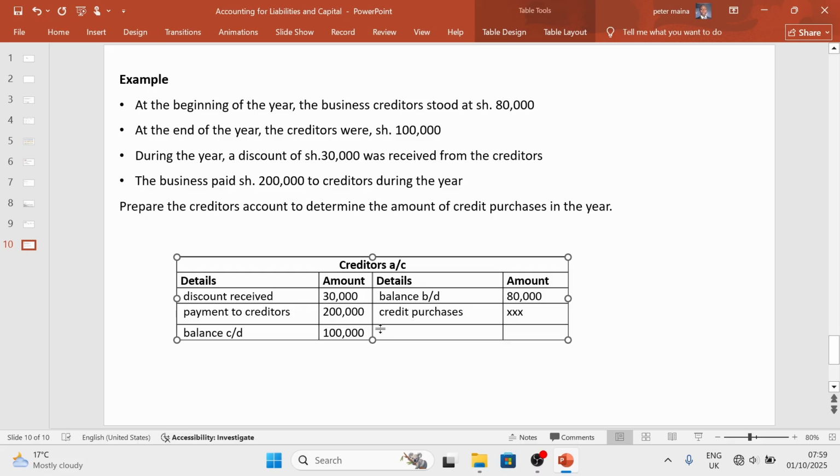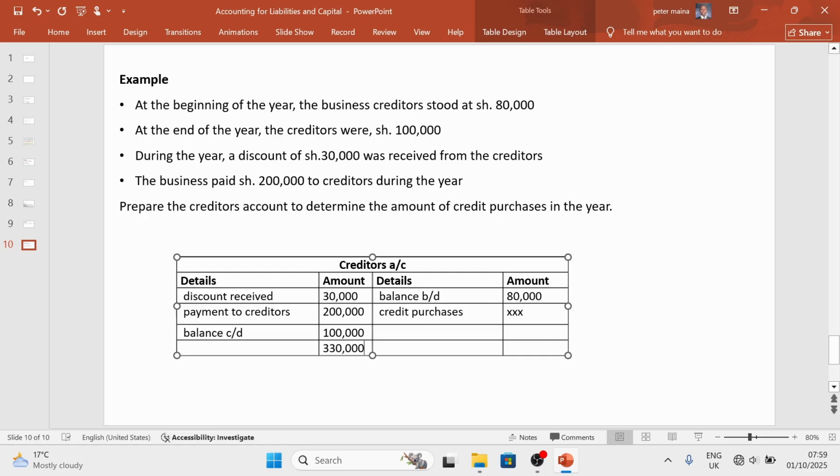So now it means that the balancing figure is going to be the missing item, that is the credit purchases. To find the balancing figure, we need first to find the total for the debit side. So 30,000 plus 200,000 plus 100,000, that will give us 330,000.